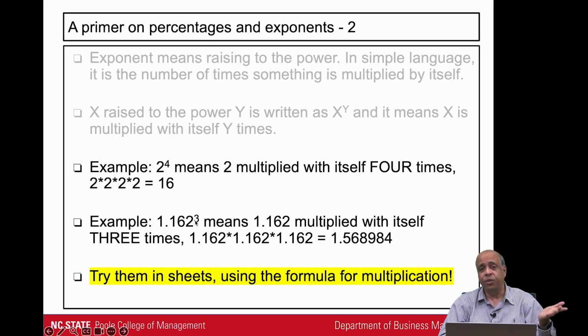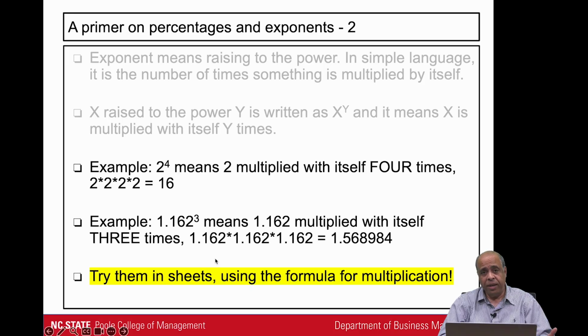This means it's 1.162 multiplied with itself, but 3 times, not 4. So that's 1.162 multiplied by itself 3 times: 1, 2, and 3. And we will see the answer should be 1.569, somewhere thereabouts.